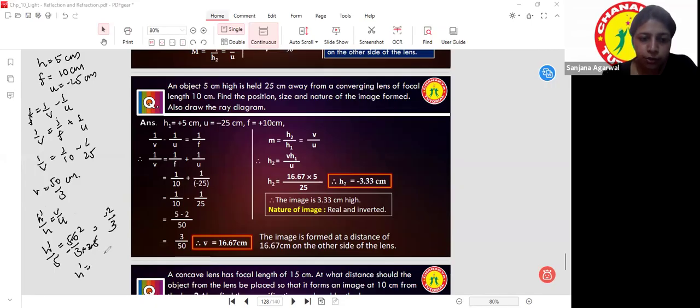That is, H dash will be equal to minus 10 by 3, that is equal to minus 3.33 centimeter. As the height is negative, that means the image is inverted. Inverted is always real, and the image height is 3.33. The object height is 5. So, fine.